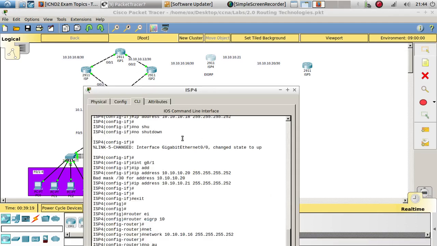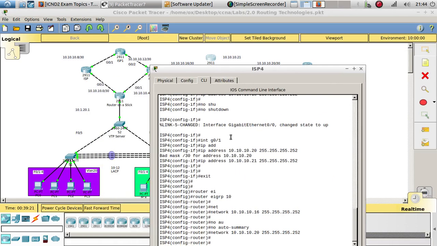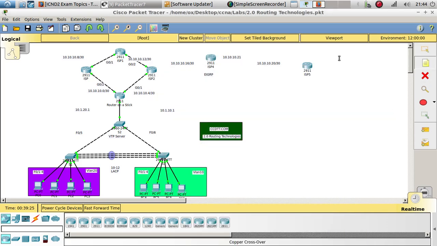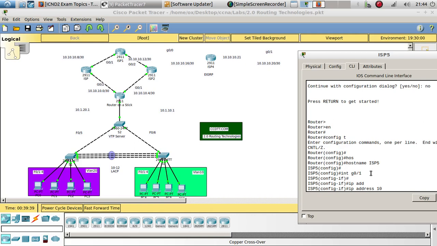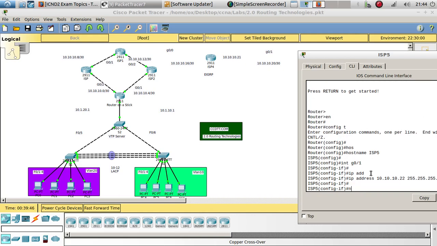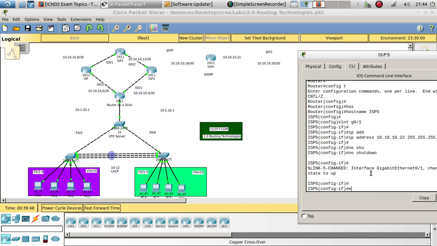I believe it was in the 0/1 that I put the last one. Yep. So let's go ahead and copy this. 0/1. All right, so 0/1, IP address 10.10.10.22, 255.255.255.252. Now no shutdown. Exit.